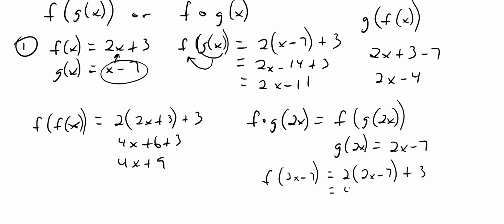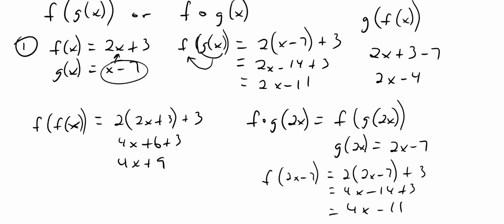So that gives you 4x minus 14 plus 3, or 4x minus 11. Okay? So that's pretty easy, right? That's something you guys probably have learned already. So that's pretty mellow.